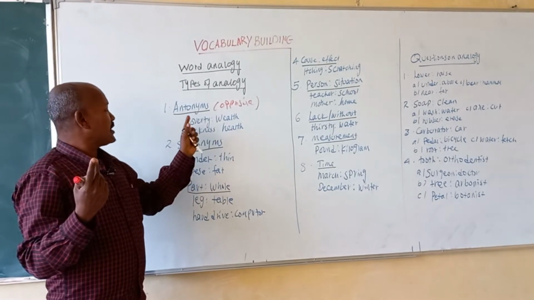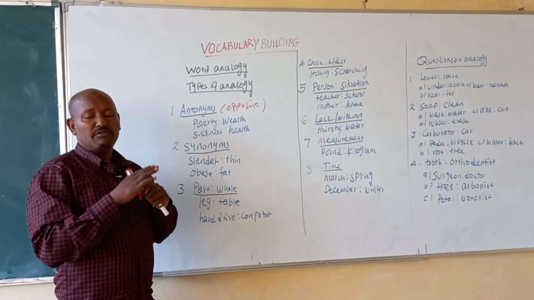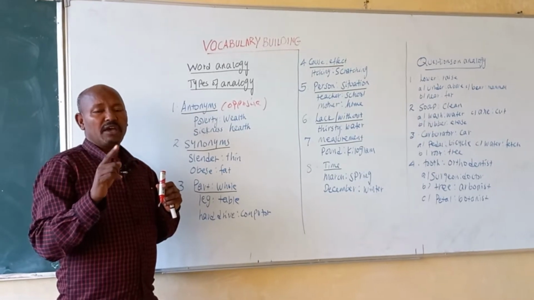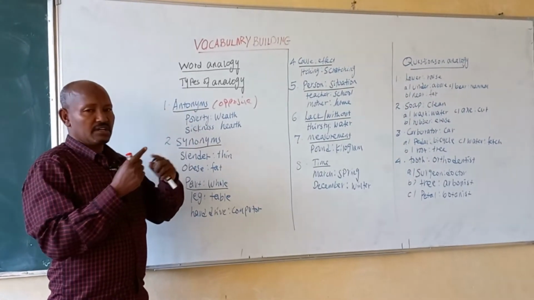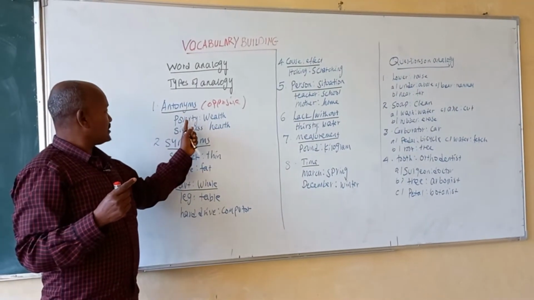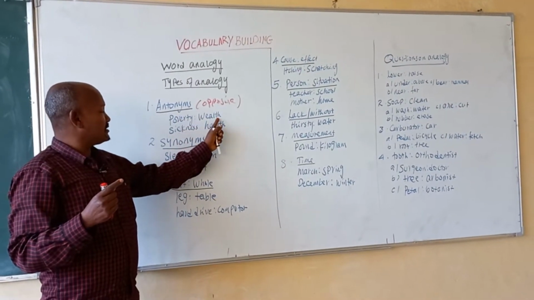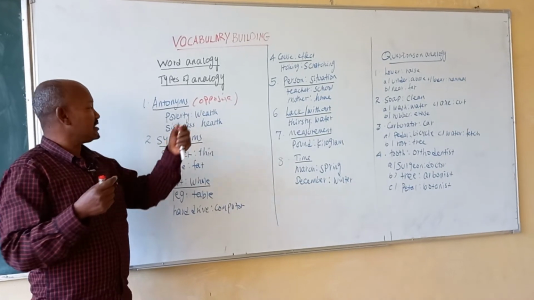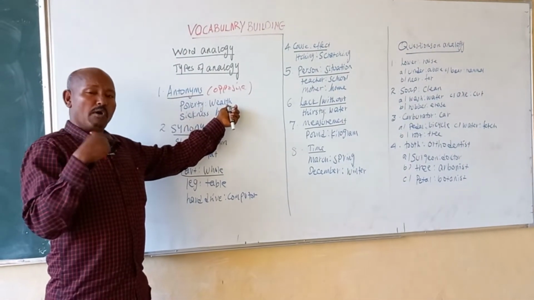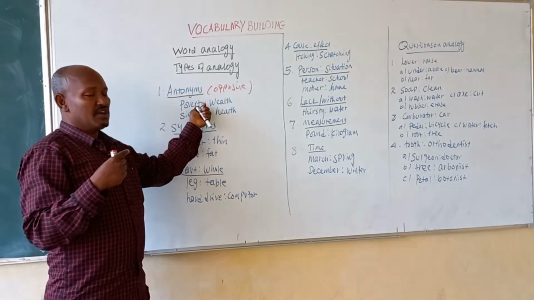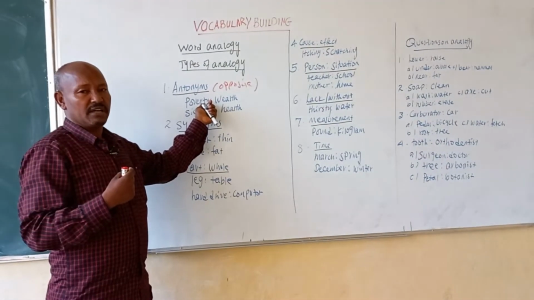We can read this one: if A is to B as C is to D, it means the relation between poverty and wealth. This type of correlation is antonyms, because the second word is the opposite of the first word. So these two pairs of words are antonyms.